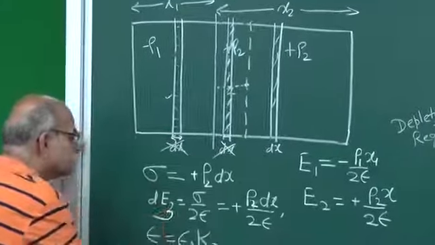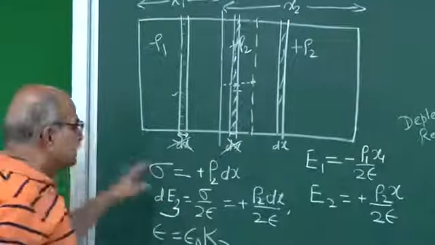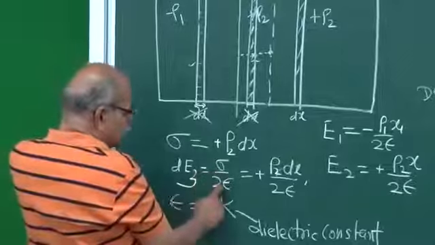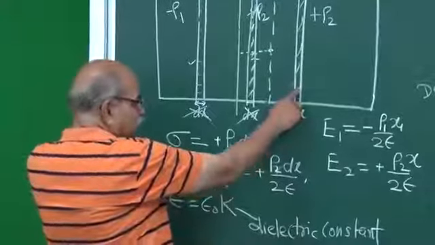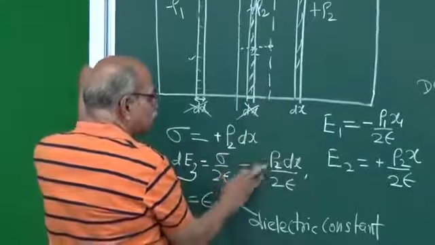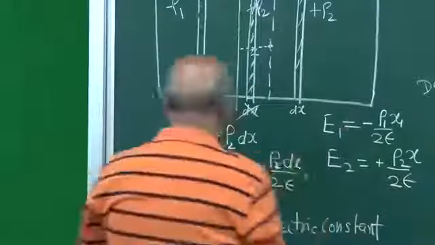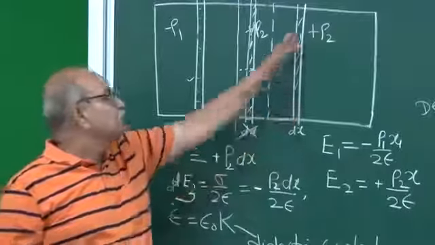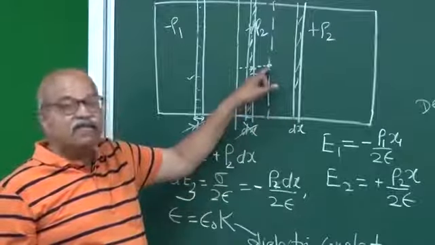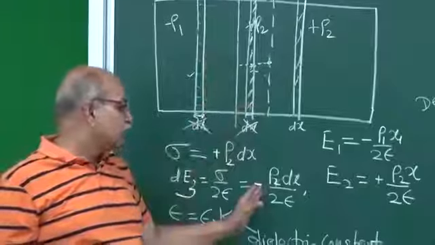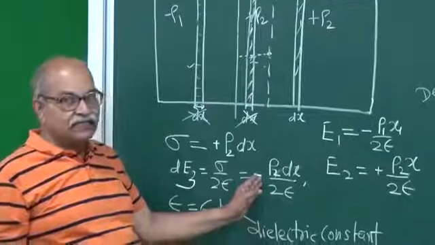The sigma remains the same, because this is plus rho 2, so rho 2 times dx. dE3 is rho 2 dx over 2 epsilon, but now it will be in the negative direction, because you have positive charges here and you want the electric field here. Because of the positive charges, the electric field will be towards the left, so we put a minus sign here. So that will be dE3.